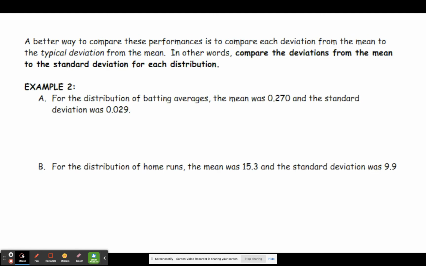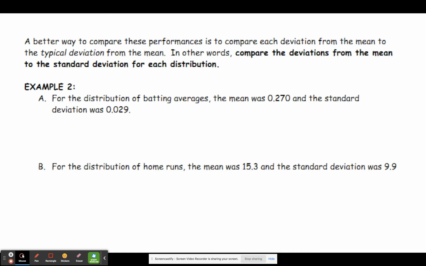So what we want to figure out is not only how many points or how many home runs they are above the mean, but how many standard deviations they are above the mean, because the standard deviation describes how spread out the data is. That would be a more consistent way to compare their performances.